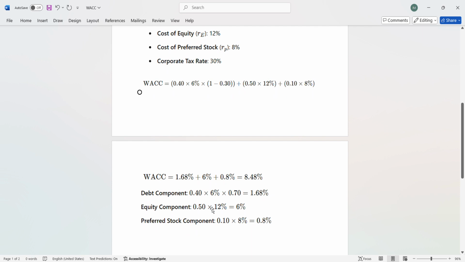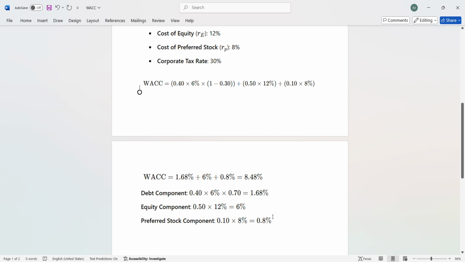You can also identify the three components of the cost. If you want to know how much the debt component is, you just find the first component of the formula, and likewise for the equity component and the preferred stock component.